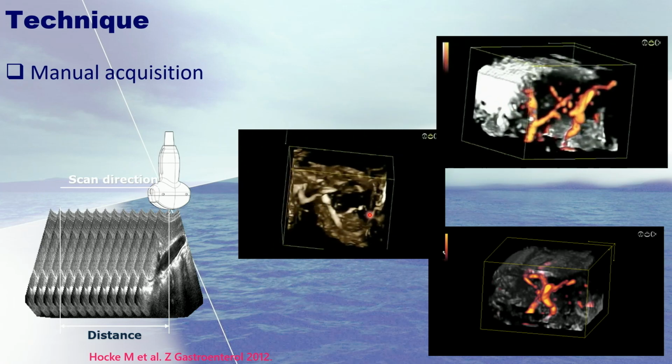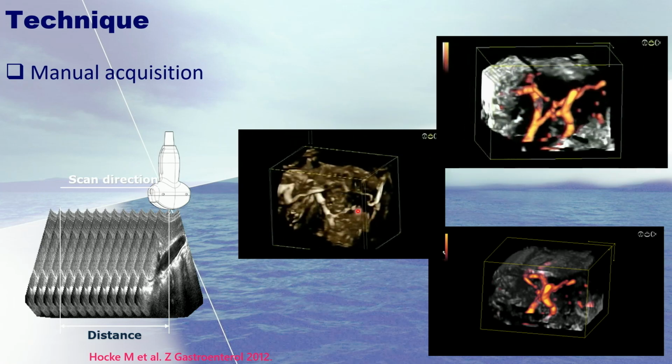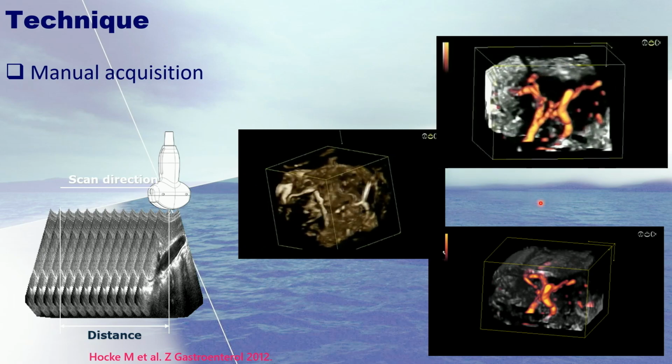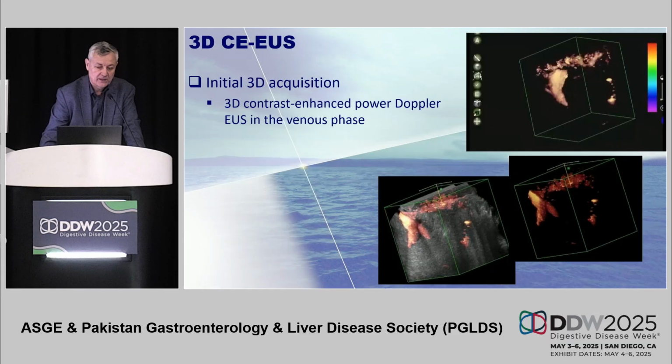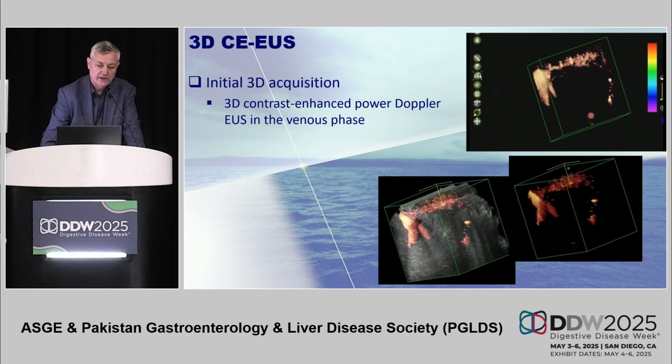And these are some images from a friend, Michael Hocke in Germany, and you can see the tumor and also the surrounding vasculature. For the advantage of this kind of 3D reconstruction, for example this one, we have used a bit of contrast and also power Doppler, and you see the volumetric reconstruction.